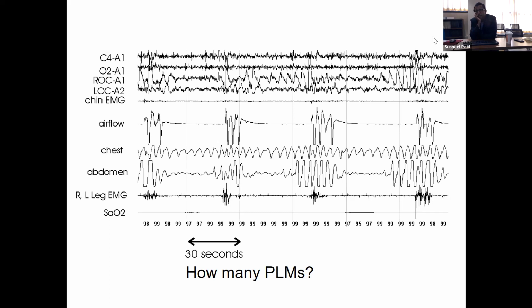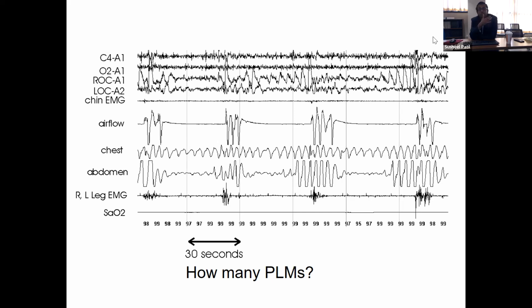So this is a bit of a trick one, because I haven't given you one other rule. And that's the fact that you've got to look at the respiratory channel in relationship to these leg movements. One of the basic rules when you're scoring a sleep study is that respiratory events trump the presence of periodic limb movements. And so we don't score leg movements because they can be part of the arousal response.